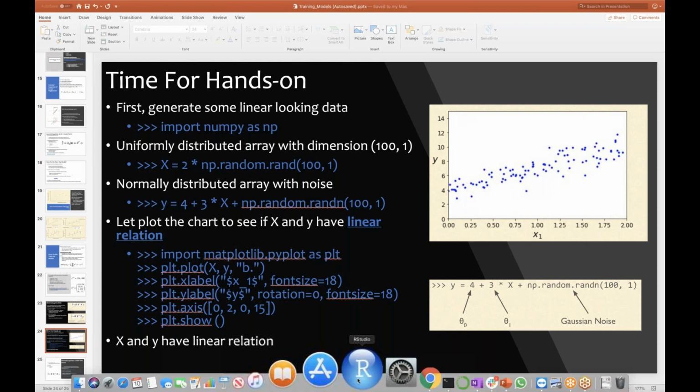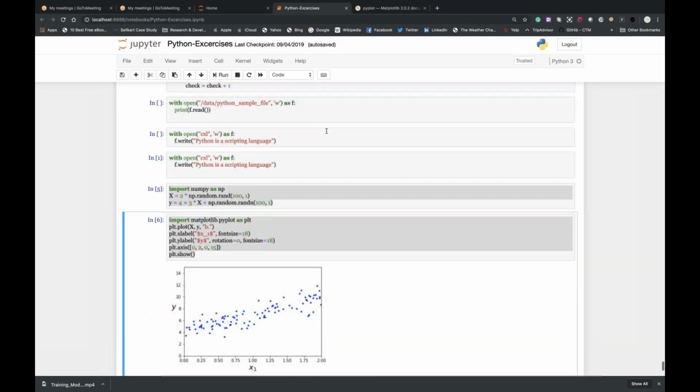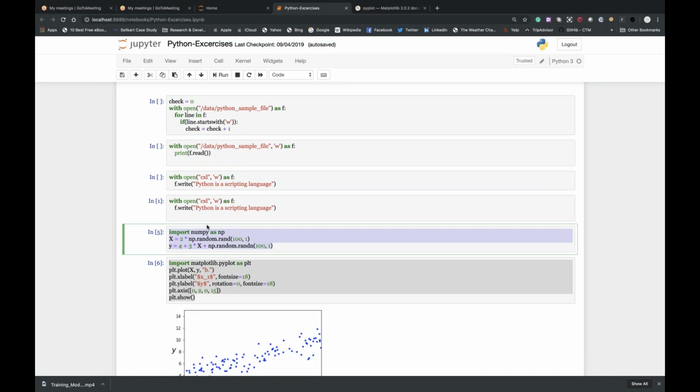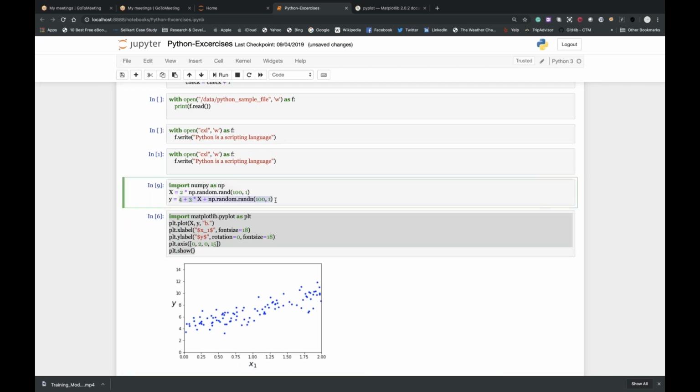Guys, these are all very important topics. Whatever questions have really bothered you last time will be clearly answered here now. So import numpy as np, x equal to 2 times np.random.rand, which is nothing but some random numbers, and then I implemented y equal to mx plus c, the constant or bias term formula here.